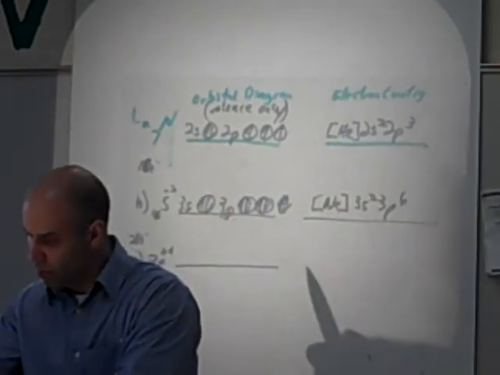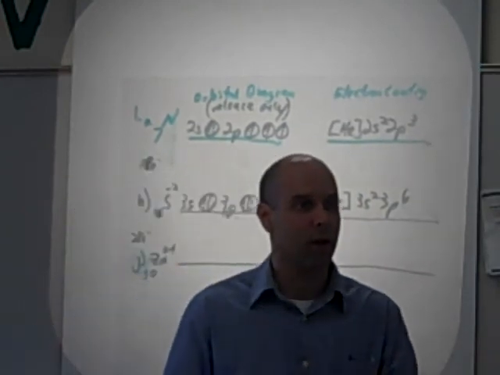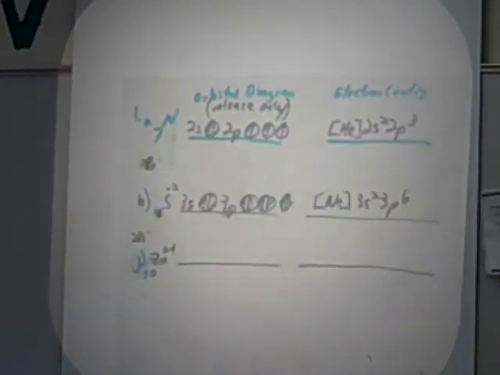So again, you go to the previous noble gas, and the previous noble gas is, oh, we're doing zinc. So the previous noble gas would be argon.